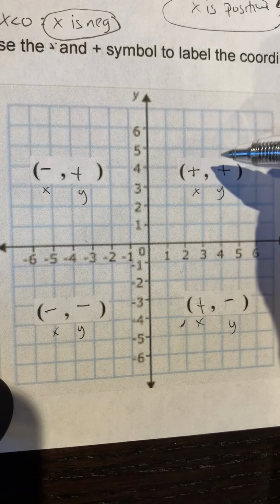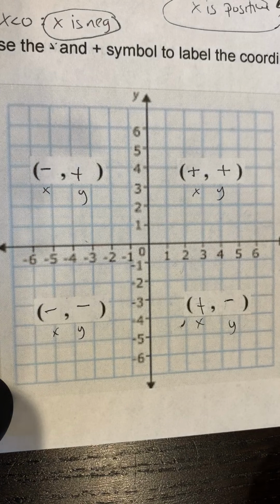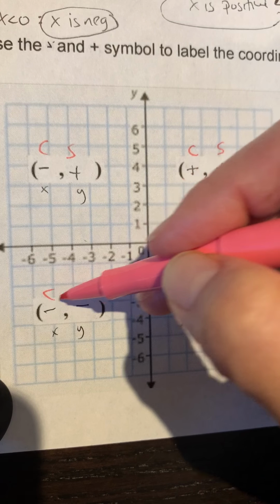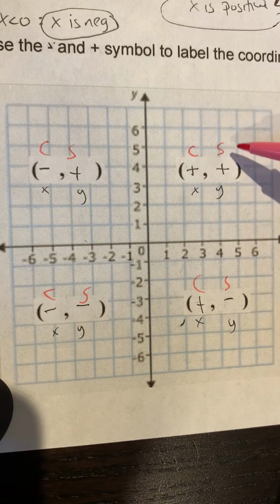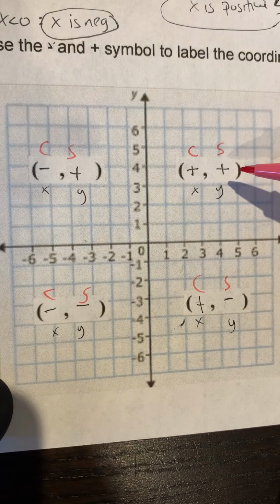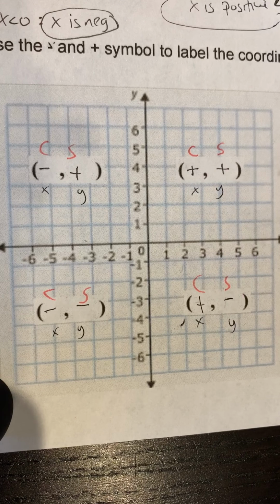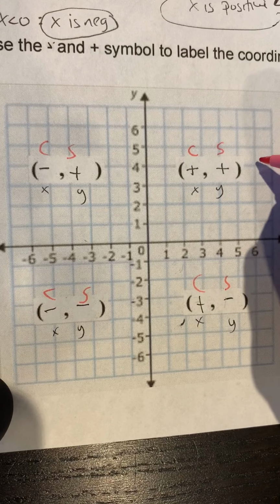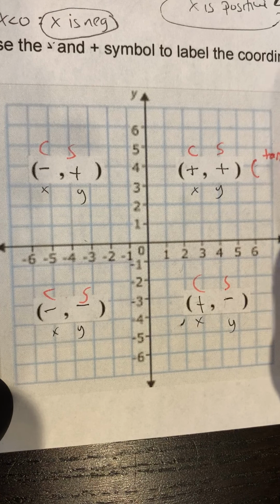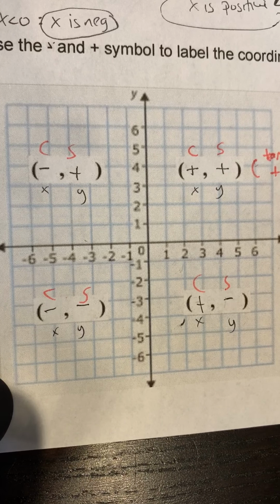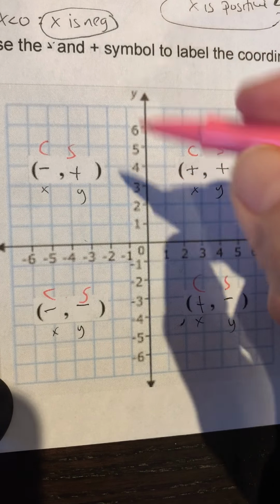So now, if I remind you that this is CS, C is for cos, S is for sine. Notice where both cosine and sine are positive. I know tan isn't here because it's all cos and sine, so what about tan? Tan theta here is positive over positive, which is positive. Okay, so we're just going to make a note of that.